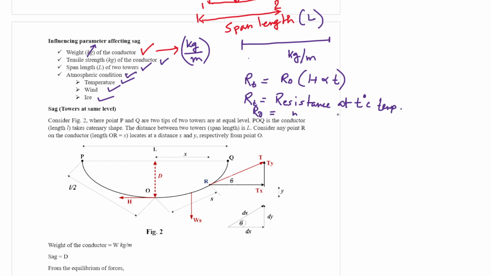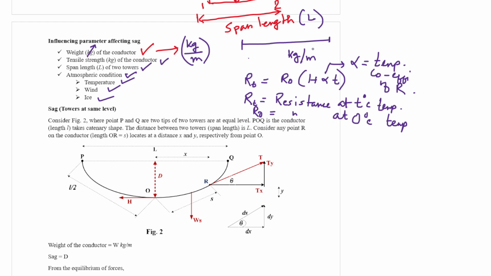It is the resistance at 0 degree Celsius temperature. And what is this alpha? Alpha is the temperature coefficient of the resistance. So RT is equal to R0 (1 plus alpha T), and T is the temperature change.